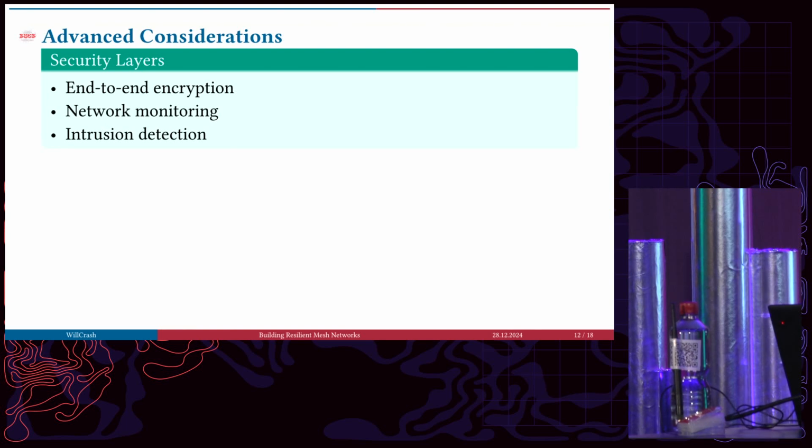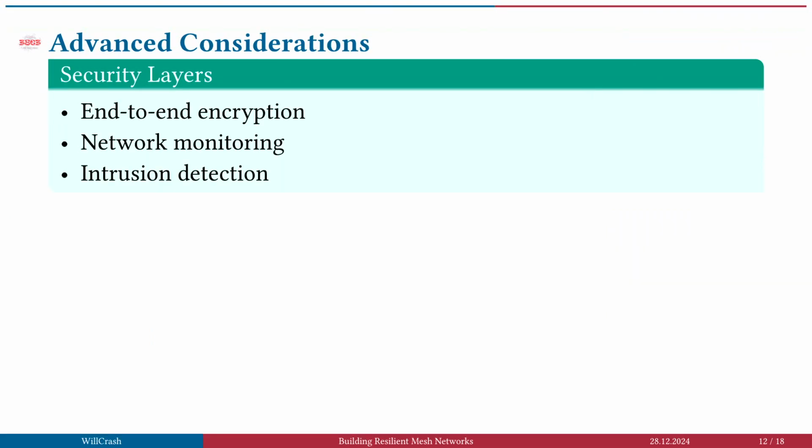These 3 letters, the acronym, mean your communications need to be confidential. Nobody else should be able to read them if they're not supposed to read them. The messages should not be changed. So make sure there's no man or woman or person in the middle.